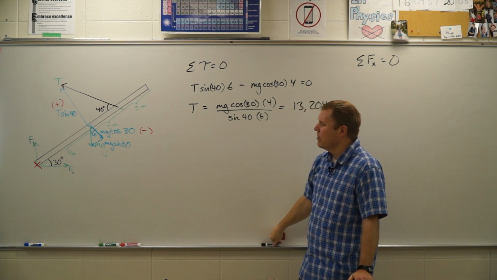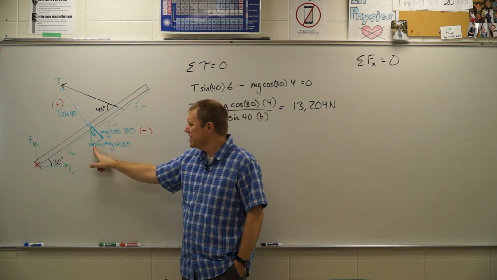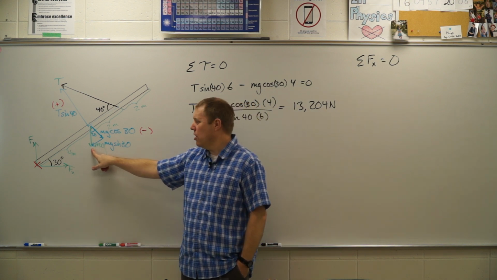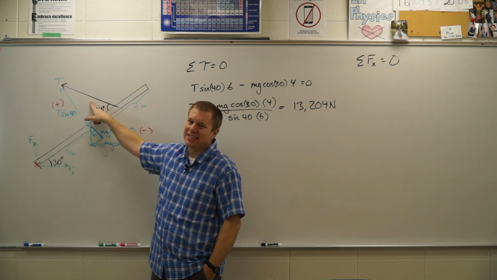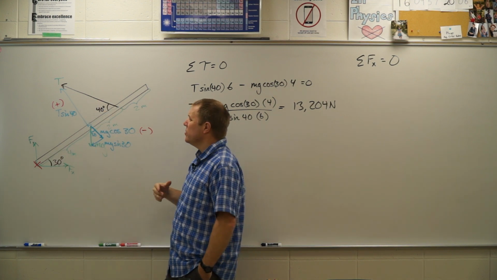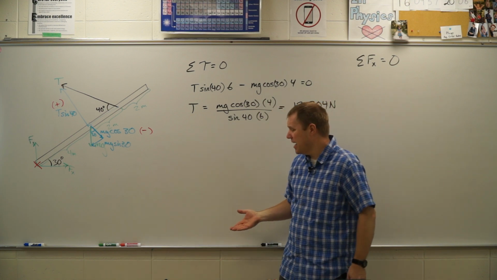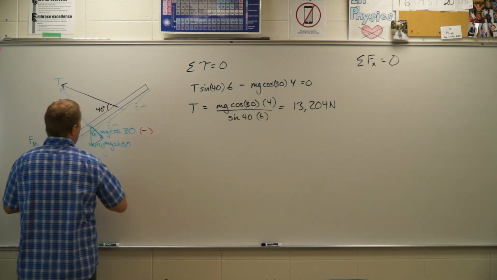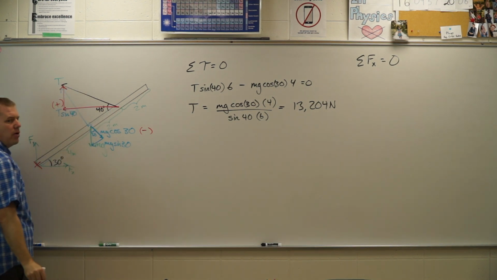So now I have to think about, okay, what forces are in my x direction? Is mg in the x direction? No. Is Fy in the x direction? No. How about tension? Well, partly. And so now I'm going to have to resolve tension yet again, but this time I need to figure out what are its x and y components.